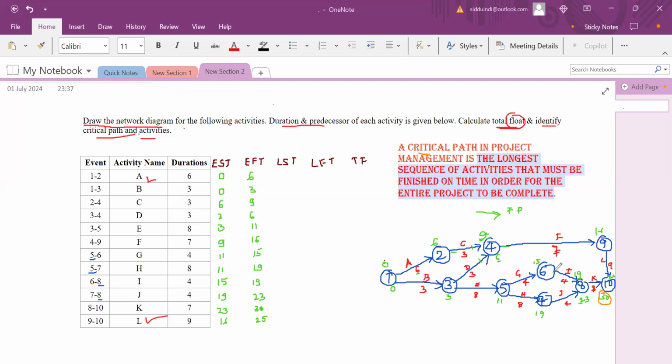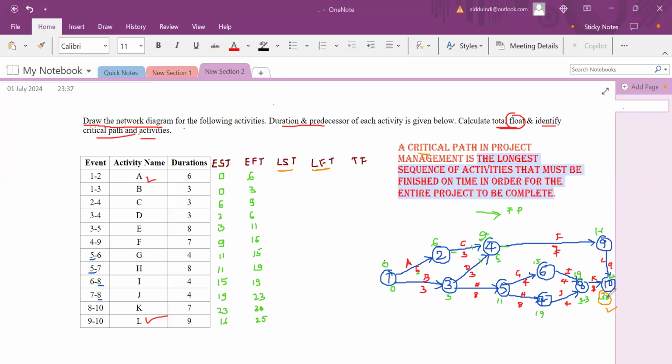Among these sequences, the one with the maximum duration is 30, and we don't know which sequence it is, right? For that, we have to calculate the latest start as well as latest finish.